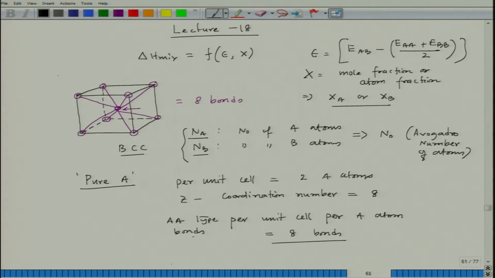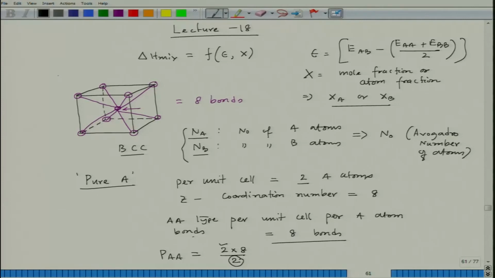So, we can also write P'AA, the total number of AA bonds per unit cell, would be 2 into 8 by 2. This 2 is coming because 2 A atoms are there, and 8 is the coordination number, divided by 2 because, if I consider per A atom, it gives a contribution of half towards each AA bond.